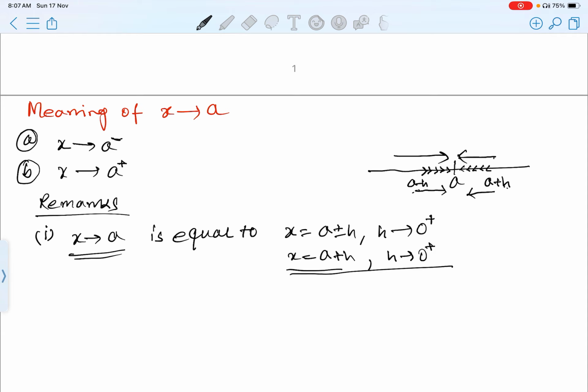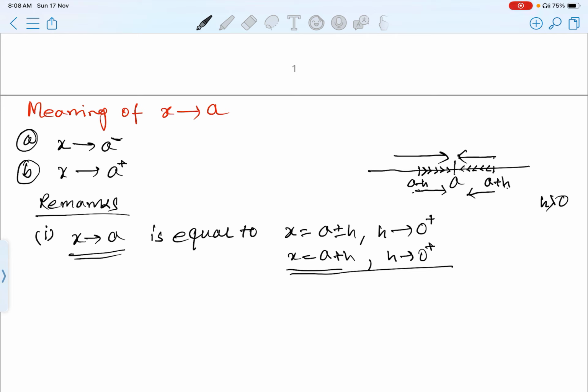Again, since h is a positive number, a is here, a plus h should be right here, and a minus h should be here, like a neighborhood of a point, clear?